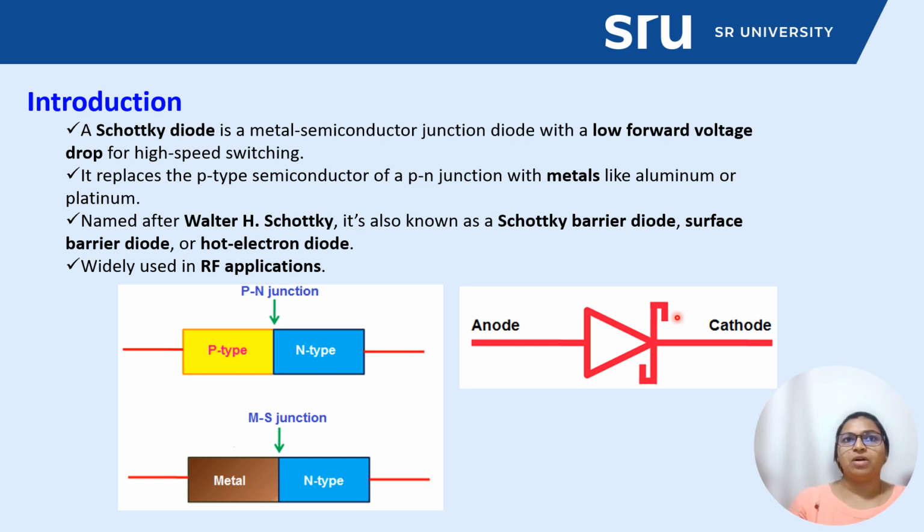Also, when sufficient voltage is applied to the Schottky diode, current starts flowing in the forward direction.